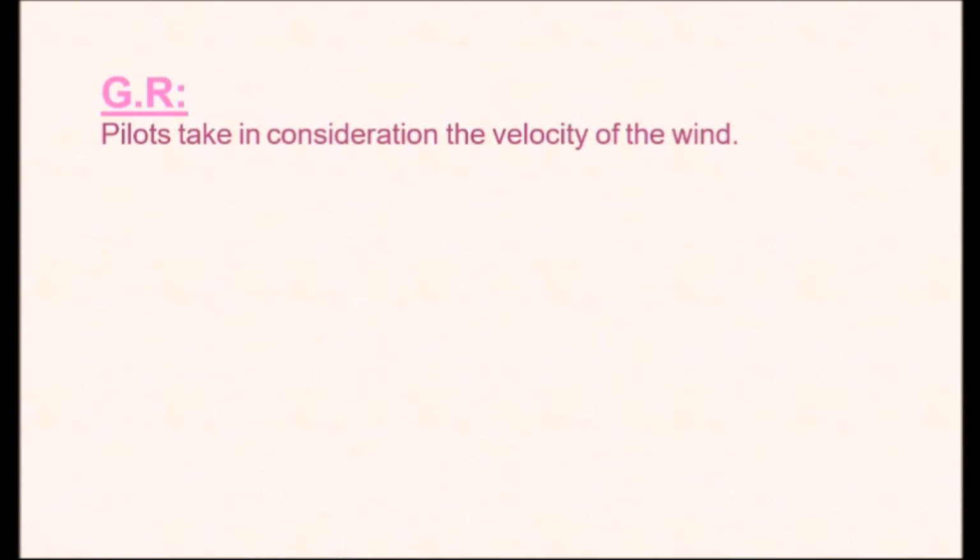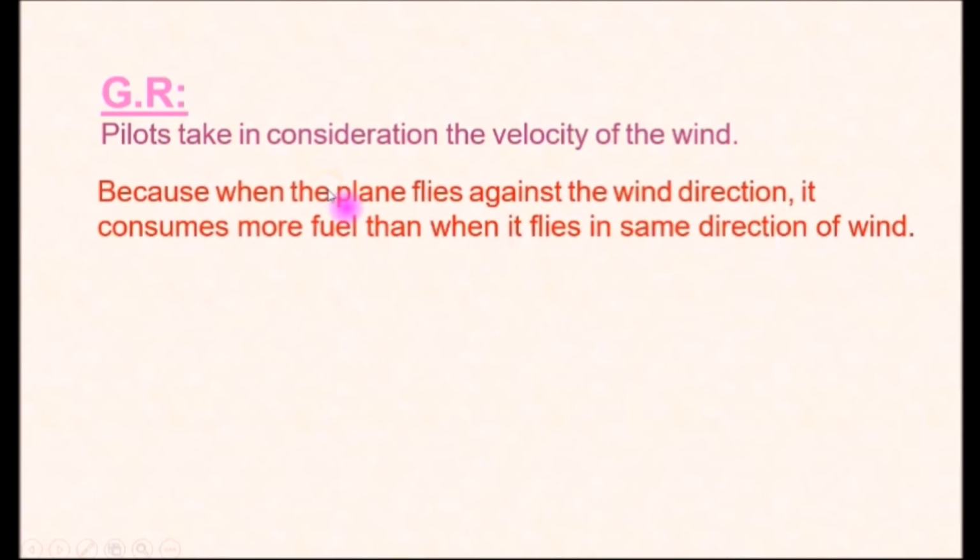And now we come to the end of our lesson by answering this question. Give reason: pilots take into consideration the velocity of the wind. Pilots, before starting their trip, need to know the velocity of the wind. Why?